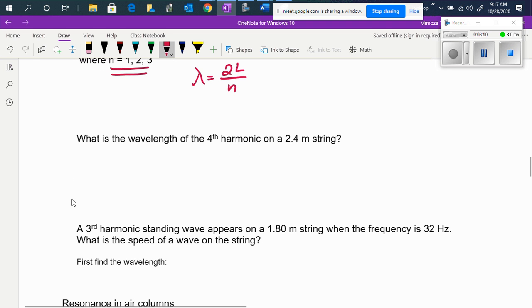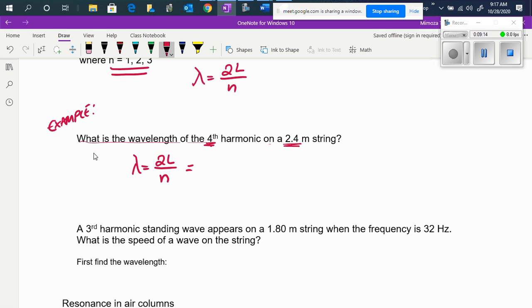Now, if we have an example here: what is the wavelength of the fourth harmonic on a string of 2.4 meters? So now we are assuming that the string is fixed at both ends. So the wavelength will be 2L over n.